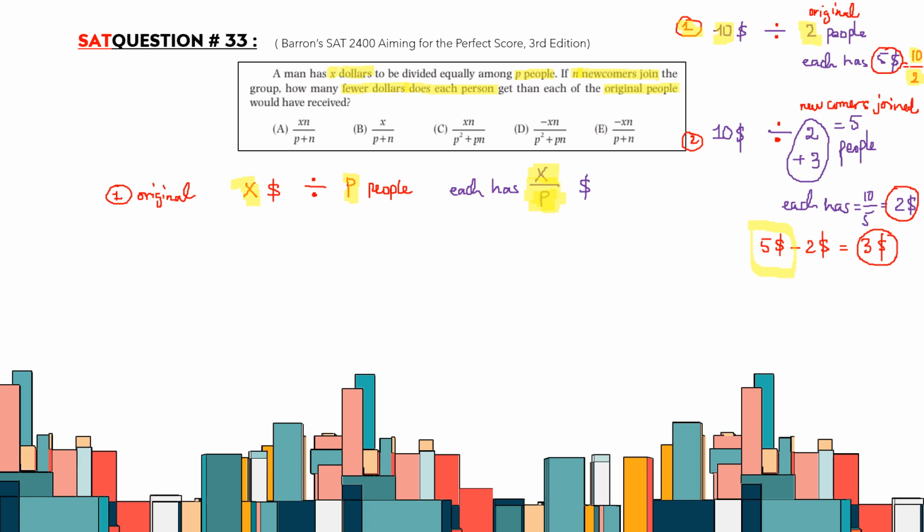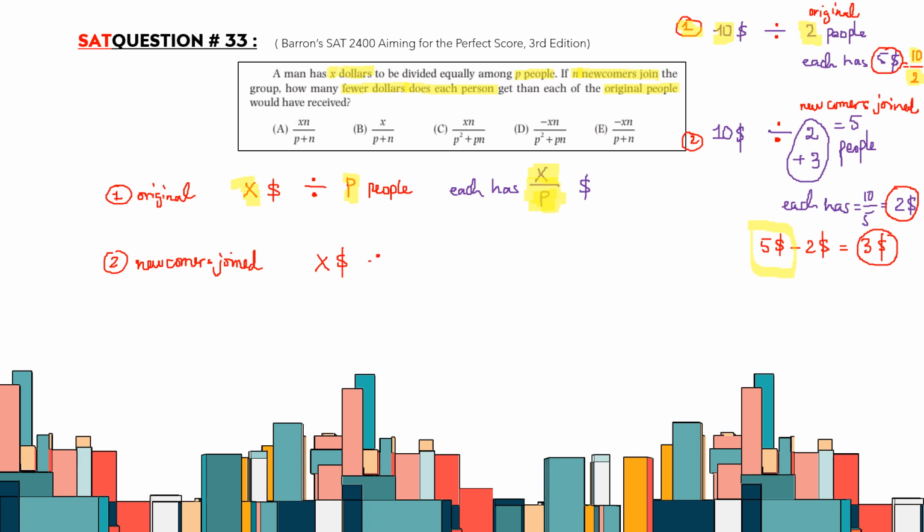All right. Now go to step number 2, when the newcomers join. We will still have X dollars.